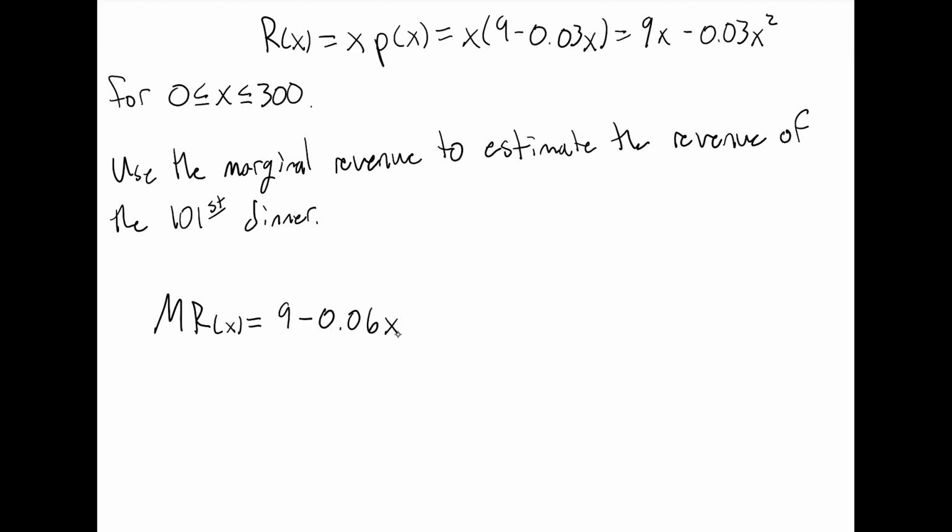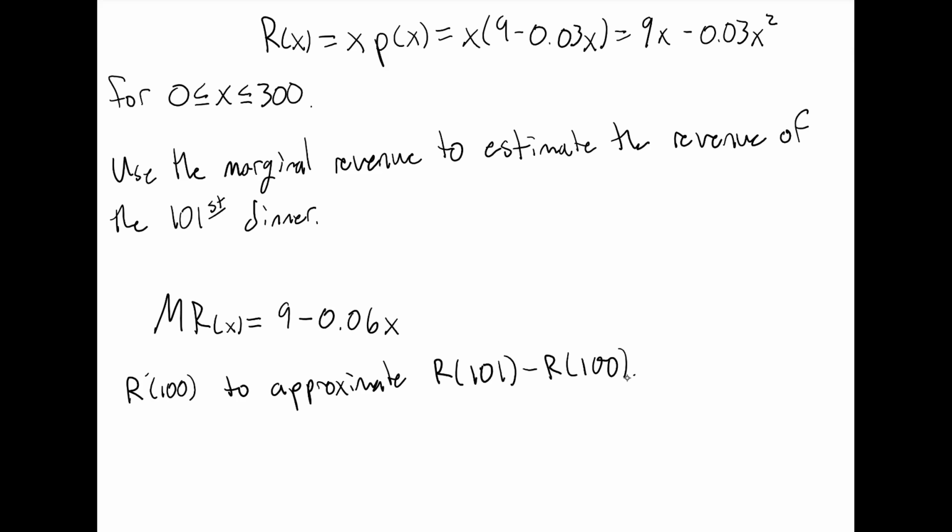Because we're looking at selling the 101st, how much we would make, we want to use, very simply, R prime of 100, to approximate R of 101 minus R of 100.